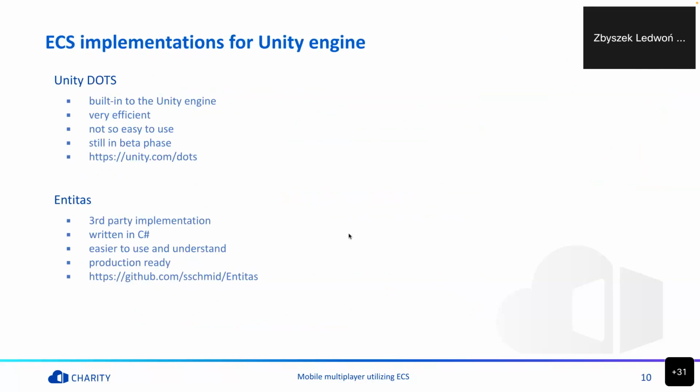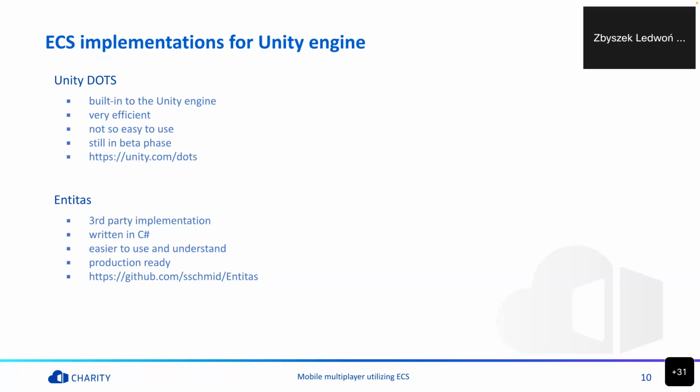Yeah, I'd like to also mention that there are two main implementations of entity component system for Unity game engine. It's Unity DOTS that is built into the Unity engine. It's very efficient.